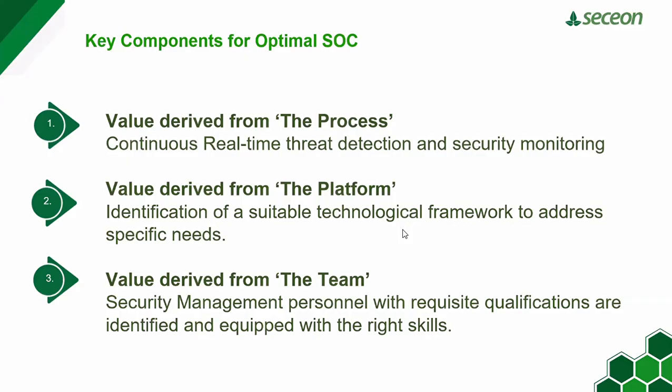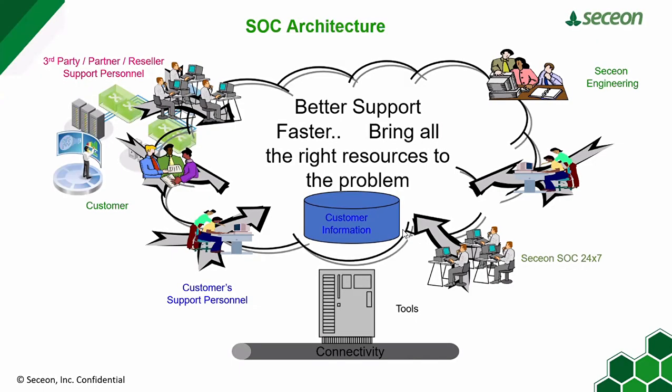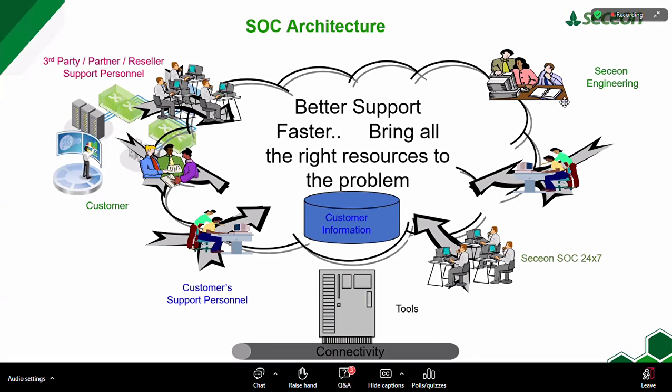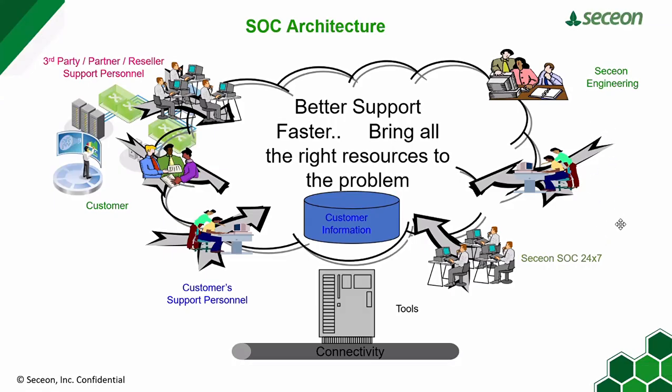So what does a normal SOC architecture comprise of, right? As we know, this is a basic architecture diagram which will involve the collection of information from various resources to ensure that the right kind of information is collected from all your peripheral security devices, then analyze this information.